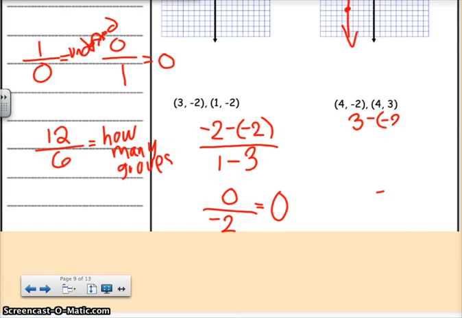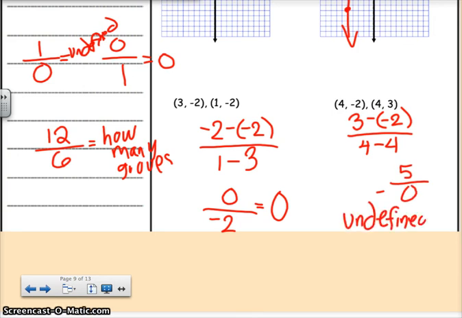Y minus the y over x minus the x. 5 over 0 is undefined. 0's on the bottom. You can think of that logically too by rise over run. You rise up 0, you run over 2, well, you're going to be a horizontal line. If you rose up 5 and went over nothing, you're vertical. You can think of it that way too.